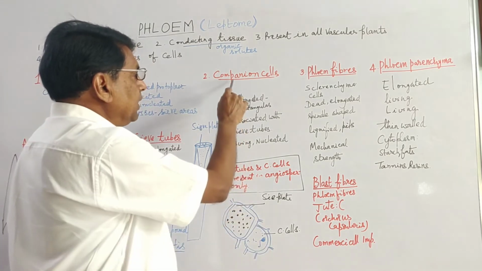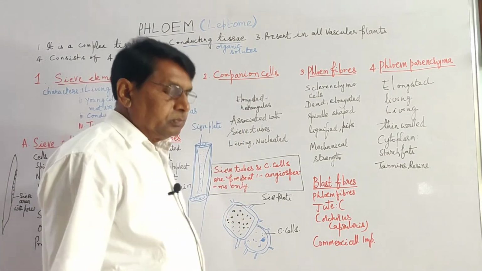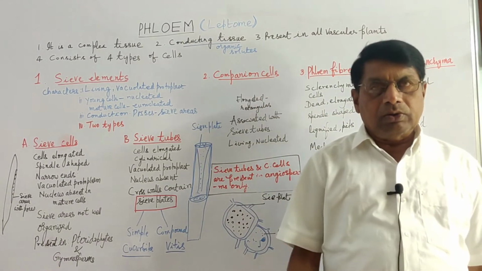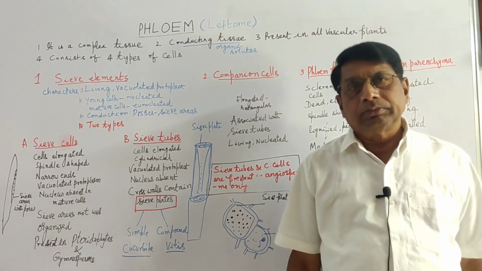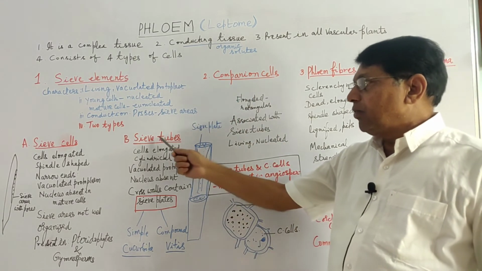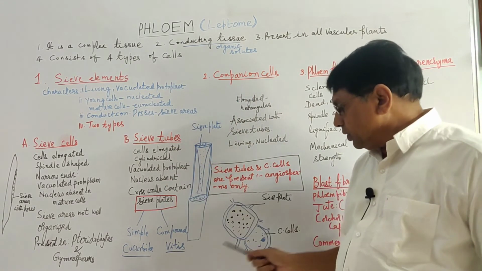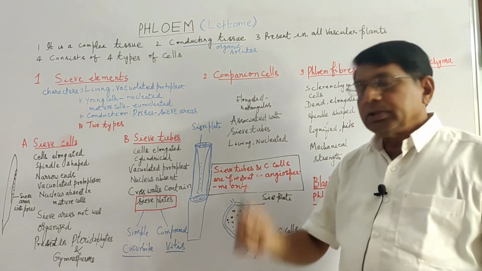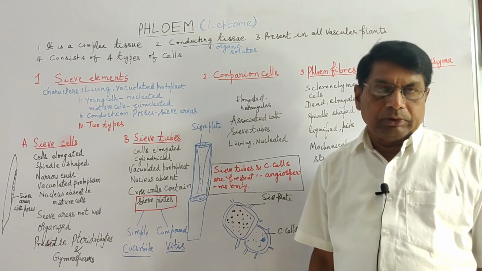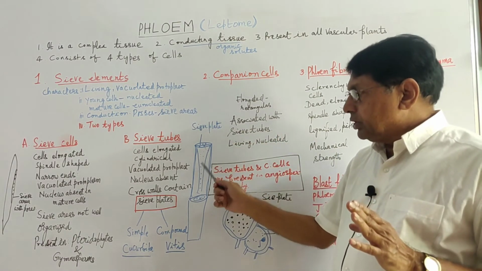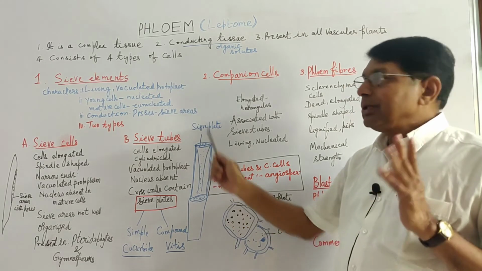Then companion cells. Who is a companion? One who always follows a friend. Just like that, these companion cells are always associated with the sieve tubes, by the side of the sieve tubes, adjacent to the sieve tubes.